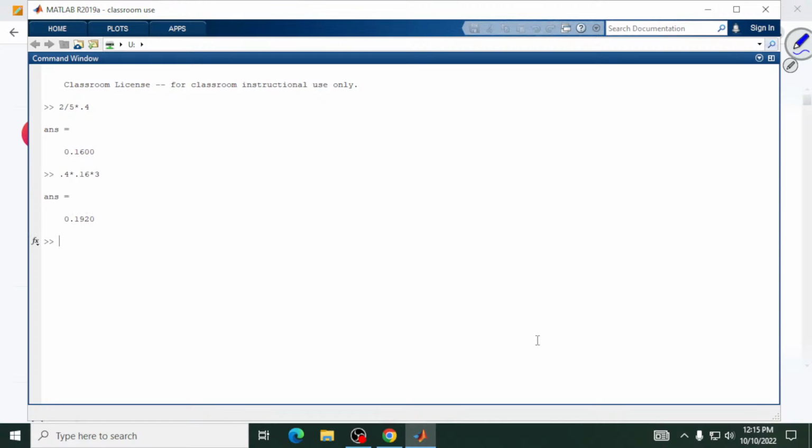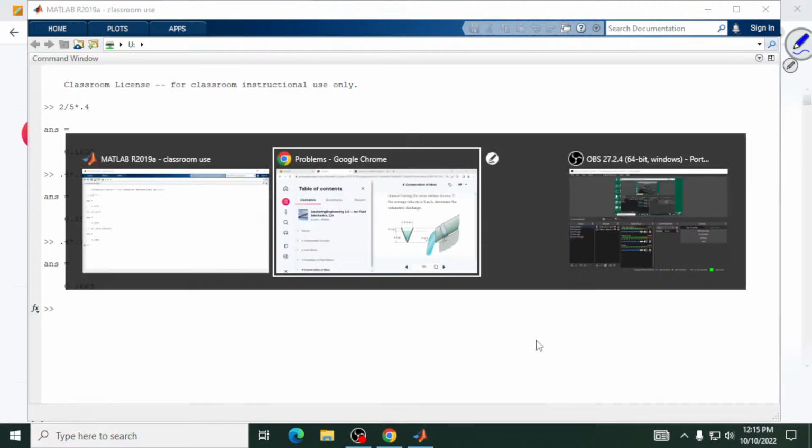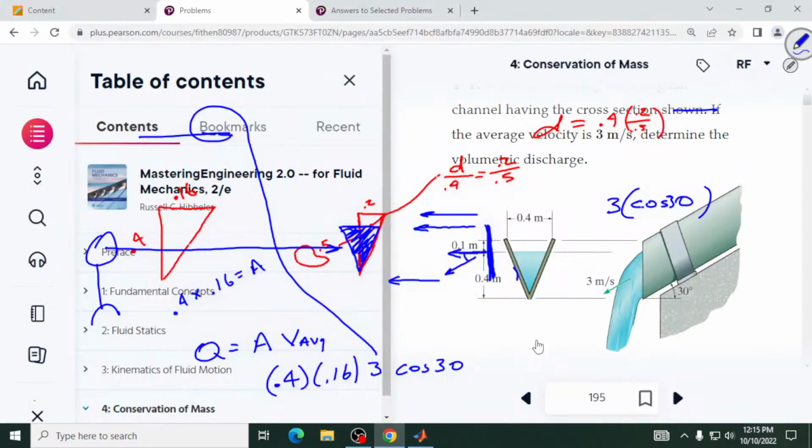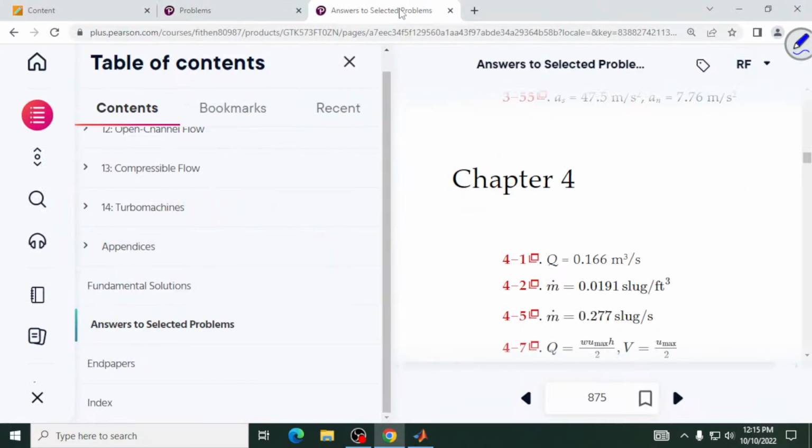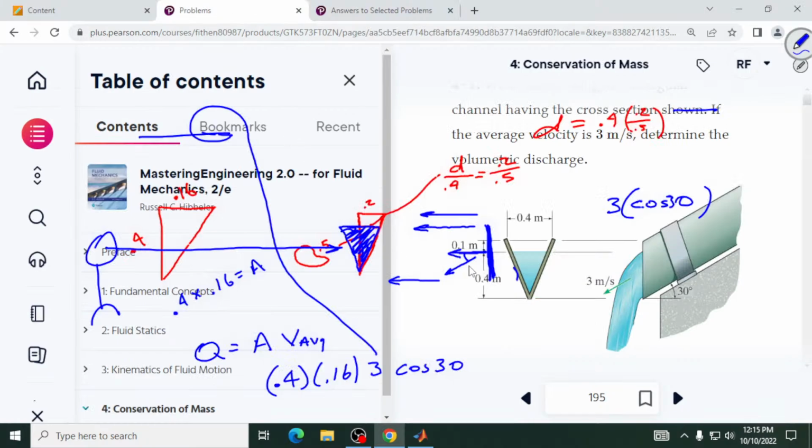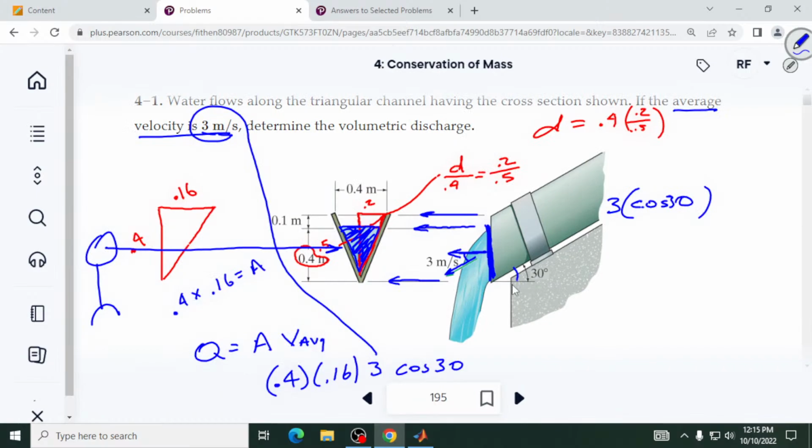Now that was if you got that, but you have to multiply times cosine in degrees of 30, 0.1663, which I believe is 0.166. So we got that one. So 30 degrees caught me off guard, because actually the flow is tilted down from the area that he shows right there. So that is a pretty good problem.